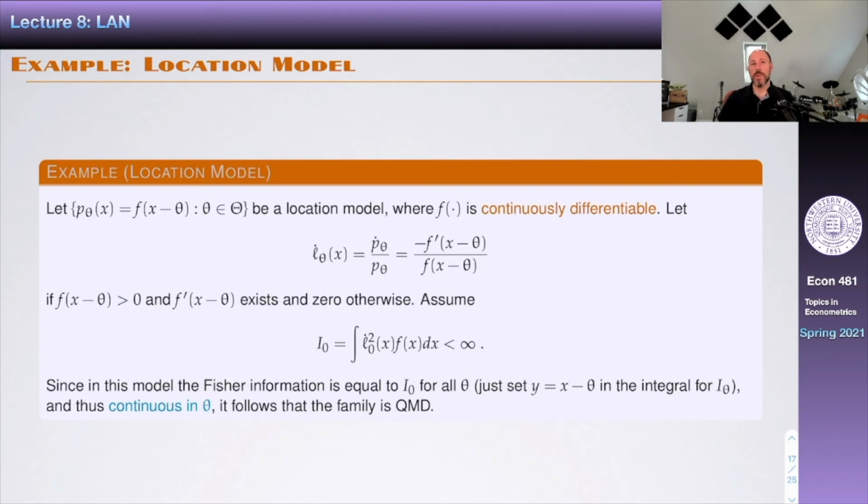So now we know that the symmetric location model is QMD and has score L at theta equal to 0 equal to the ratio of f prime divided by f, which is what we're going to use in the next derivations.